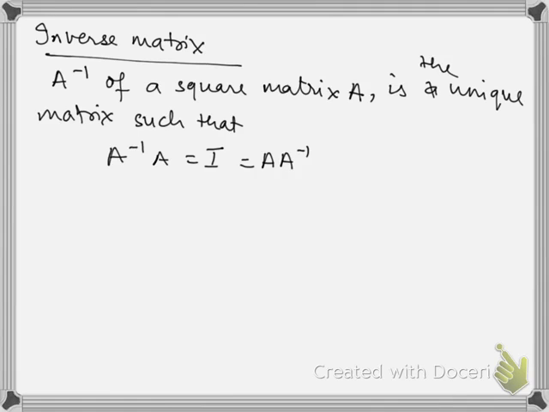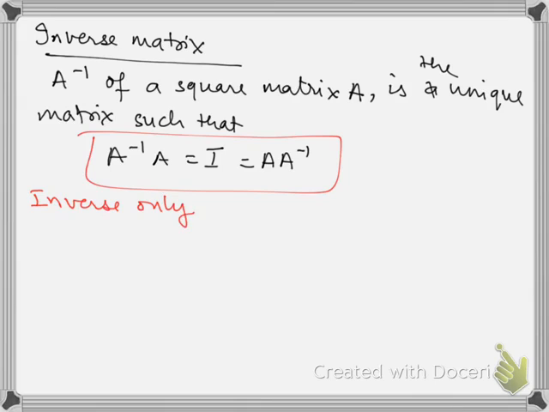So the inverse of A is the matrix that you have to multiply by A in order to obtain the identity matrix. You see why we needed the definition of the identity matrix. The inverse only exists for square matrices, remember.